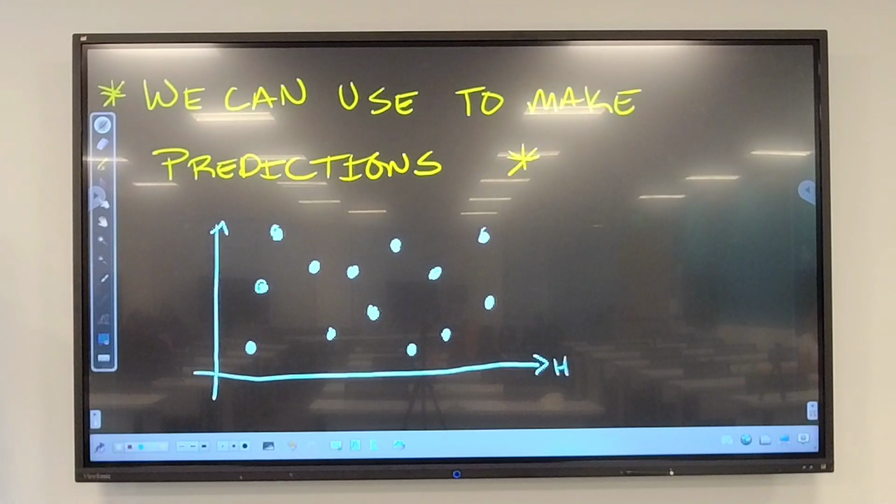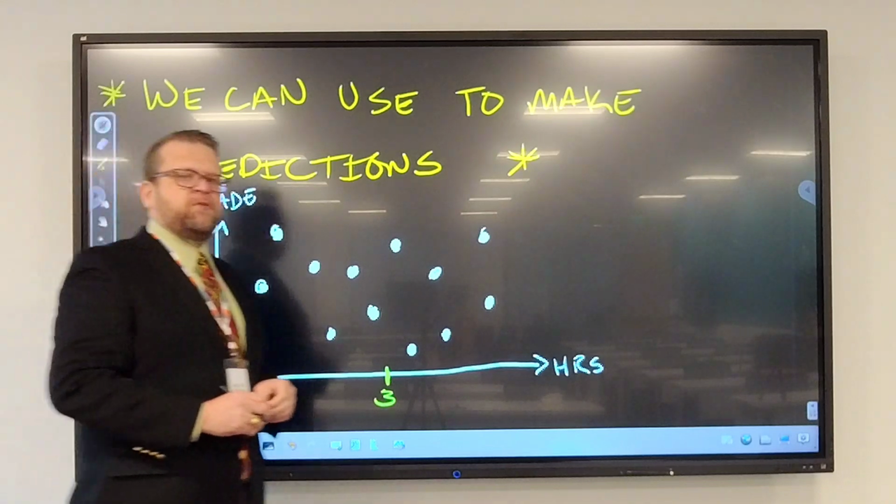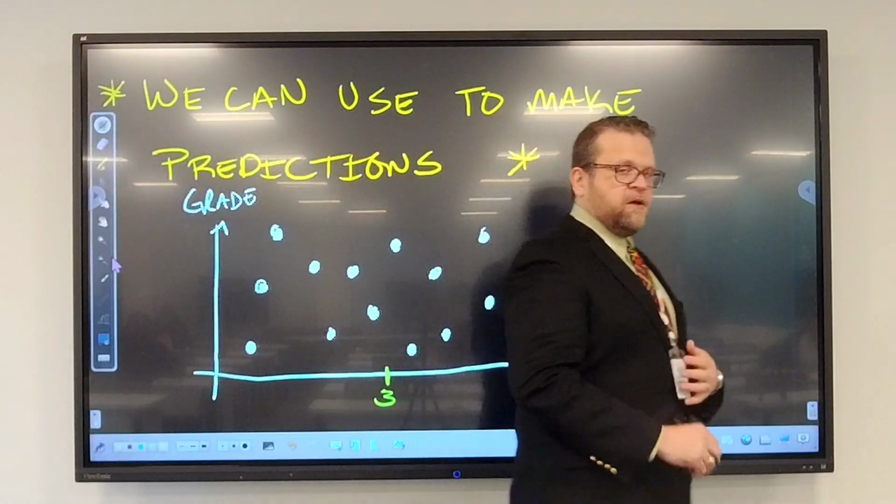Let's stick with the hours on the x-axis and the grade on the y-axis. And what you want to do is, for this many hours right here, maybe this is 3 hours, I want a prediction of what the grade might be.